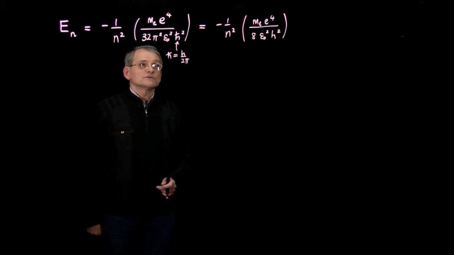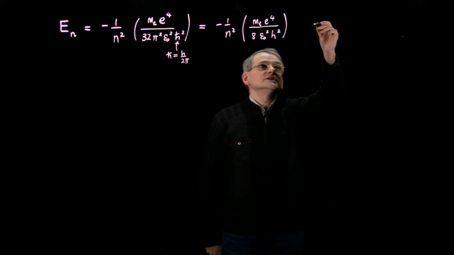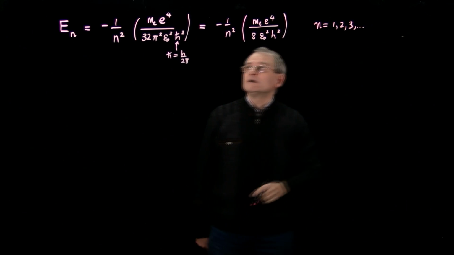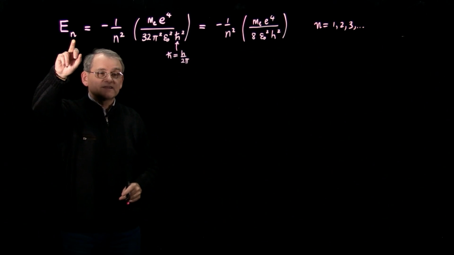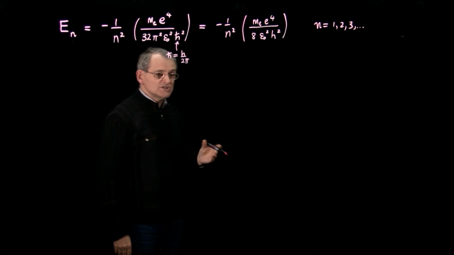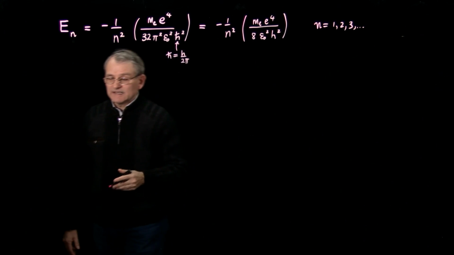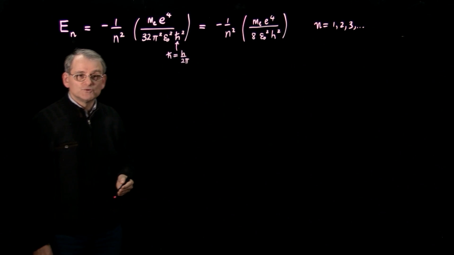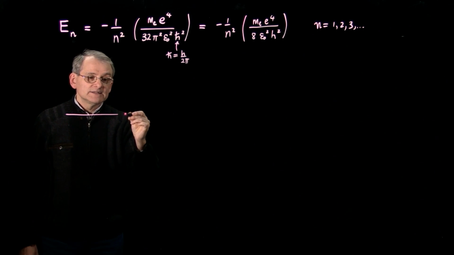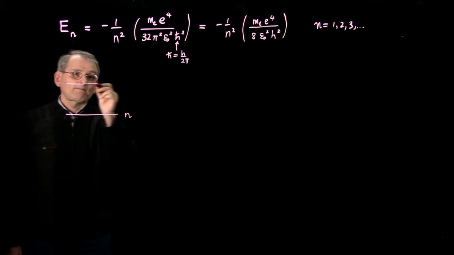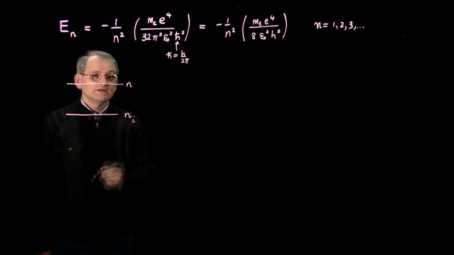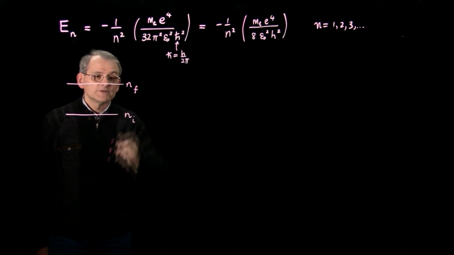Now that's the first postulate, and let me remind you that this integer here, which is referred to as the principal quantum number, characterizes the energy of the nth state. When we make transitions between states, the electron either emits or absorbs a photon. So if I consider this state here and this state here, let me call this the initial state and this the final state.